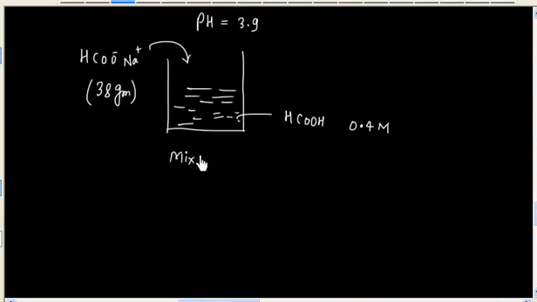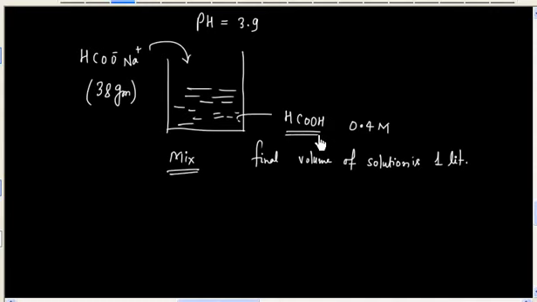And then we have to mix this solution so that the final volume of this solution is 1 liter. That is, we have to take sufficient amount of formic acid so that the final volume of solution becomes 1 liter.